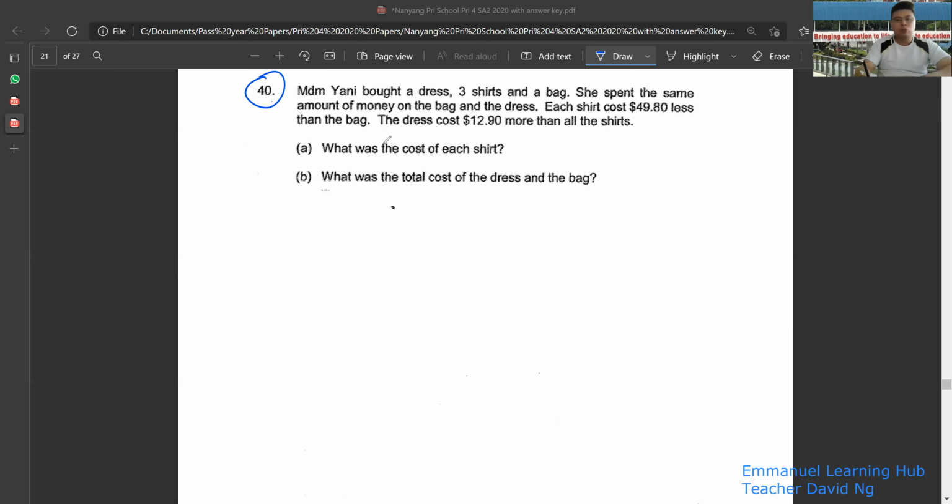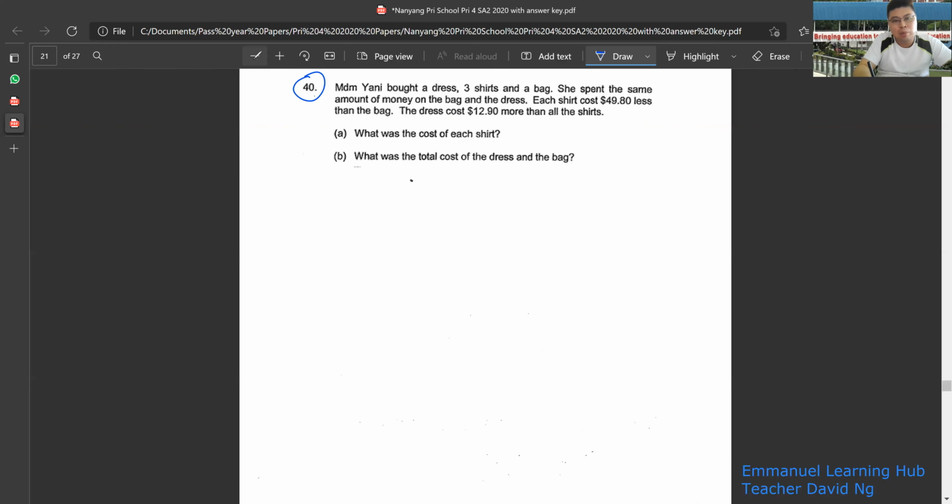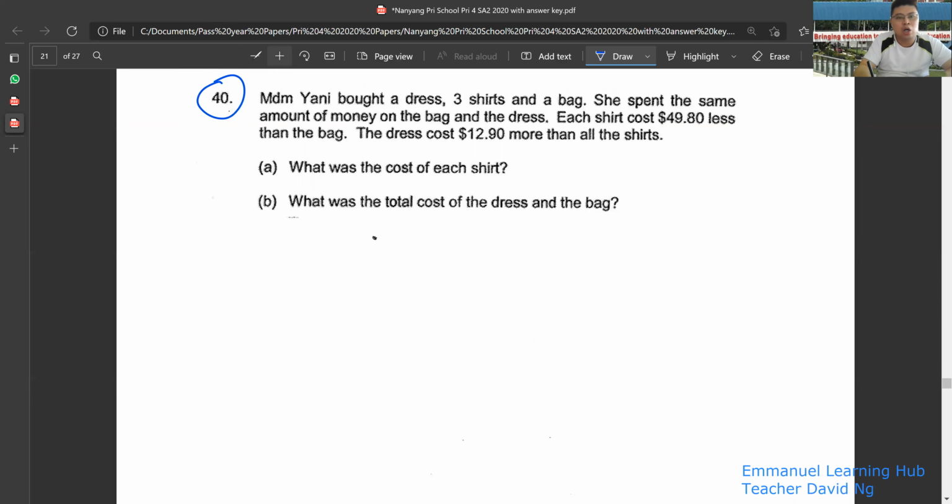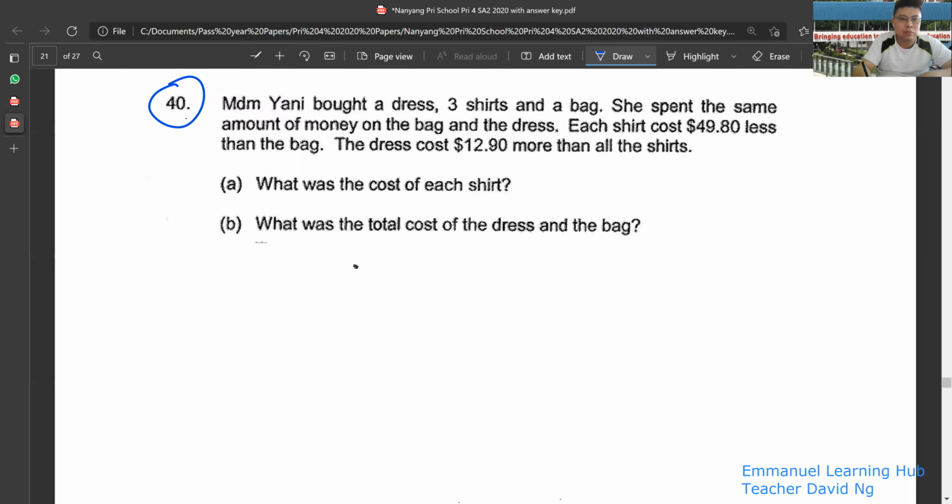What must you do? You must draw the model. Yes, draw the model.